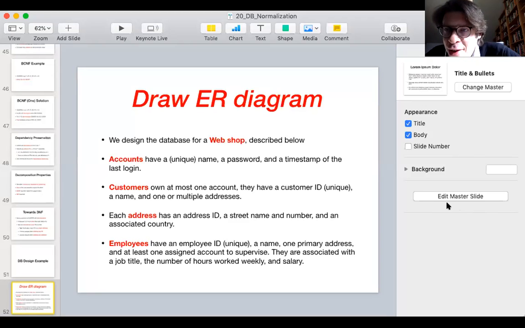And there's another question about whether the account supervision is associated with the properties listed or the employees. So the account supervision would associate the employees with the accounts.